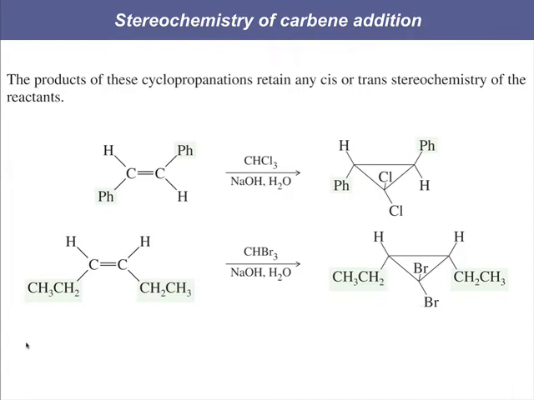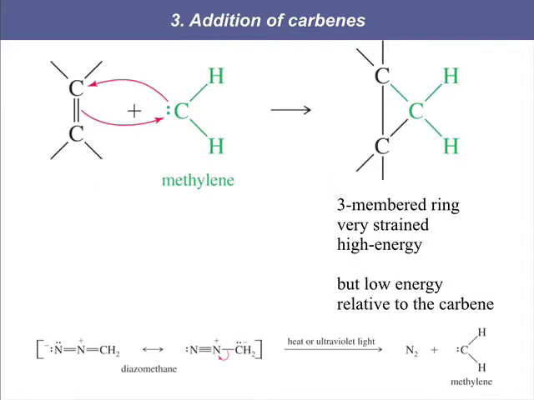Why does it happen that way? Well, because the addition of the carbene happens in one step. This is a concerted addition, and so there's no opportunity for the groups on the alkene to reconfigure themselves.